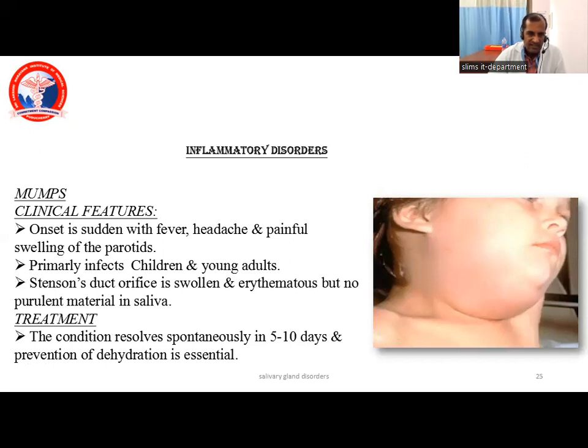Stensen's duct of the parotid gland will be swollen and erythematous, but there won't be any purulent material as is seen in the submandibular gland. The condition is self-limiting, so it resolves spontaneously within 5 to 10 days. And one thing is, it should prevent any dehydration.